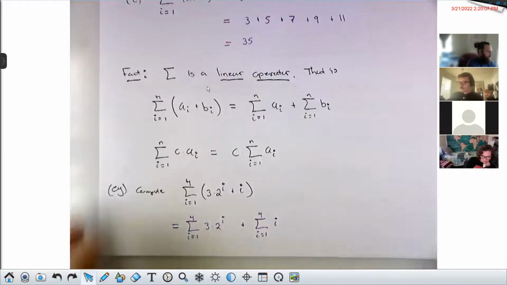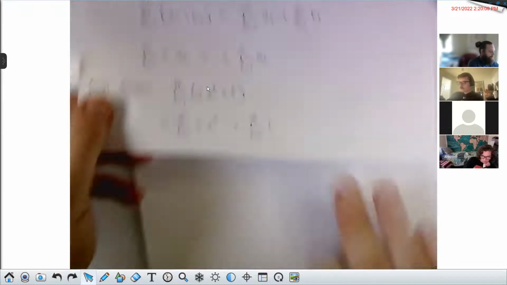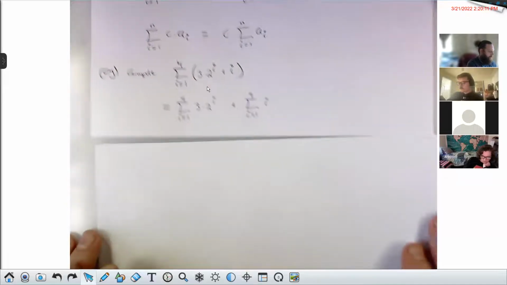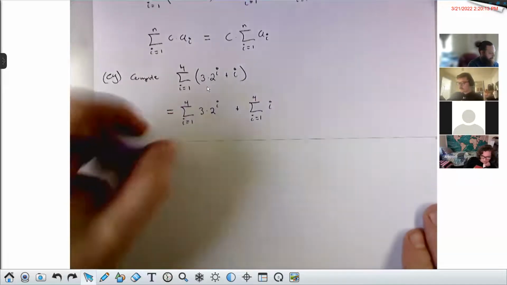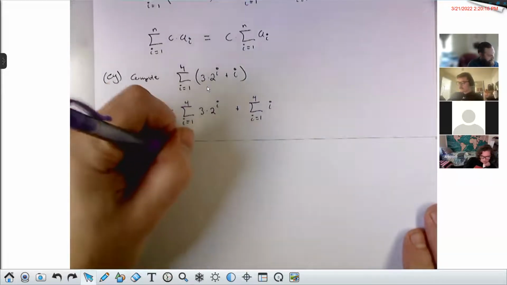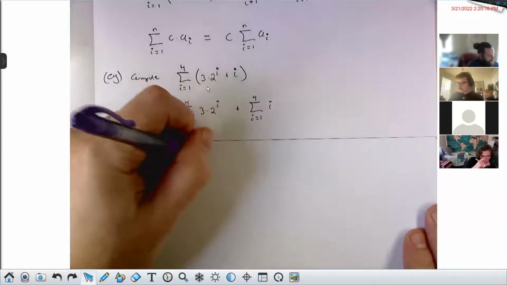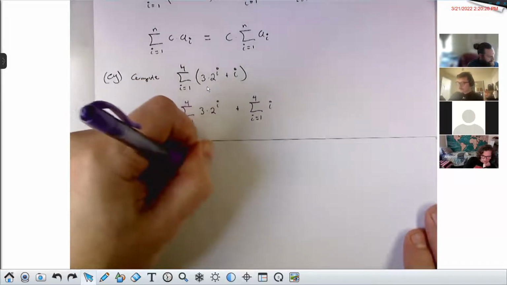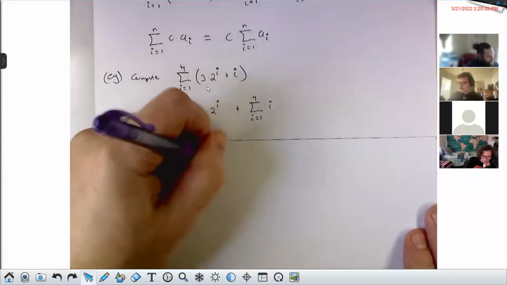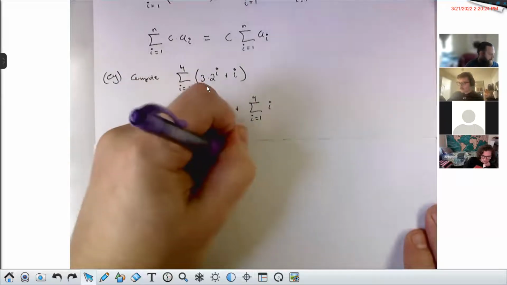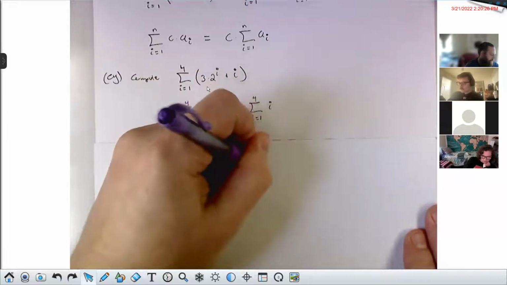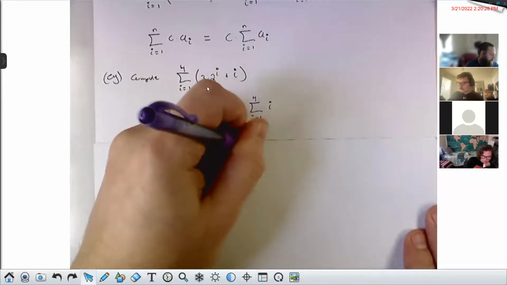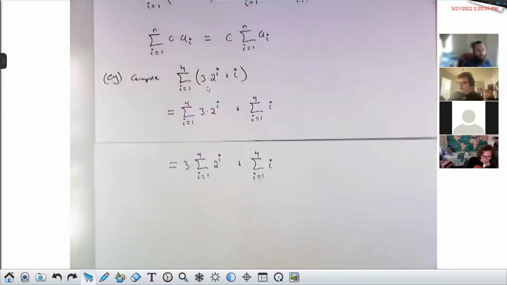And then using the rule for constant multiples, I can pop the 3 out of the first sum. So that'd be 3 times the sum from i equals 1 to 4 of 2 to the i plus the sum i from 1 to 4 of i itself.